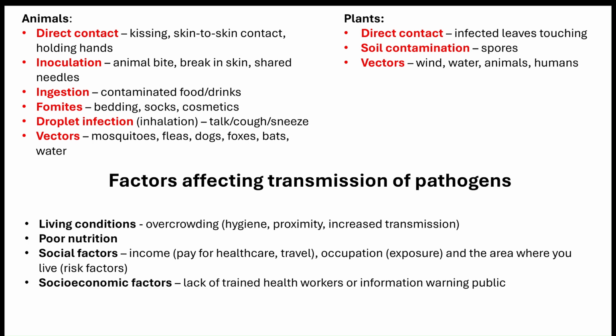The other side of things is socioeconomic factors. Things like, are people trained? Are there trained health workers that can help? Or is there the right information to warn the public of the risks of these diseases? So whenever they ask questions on this, they will give you information, and then they will expect you to apply knowledge. There'll be some bits of information about healthcare or trained workers, or they won't say anything.